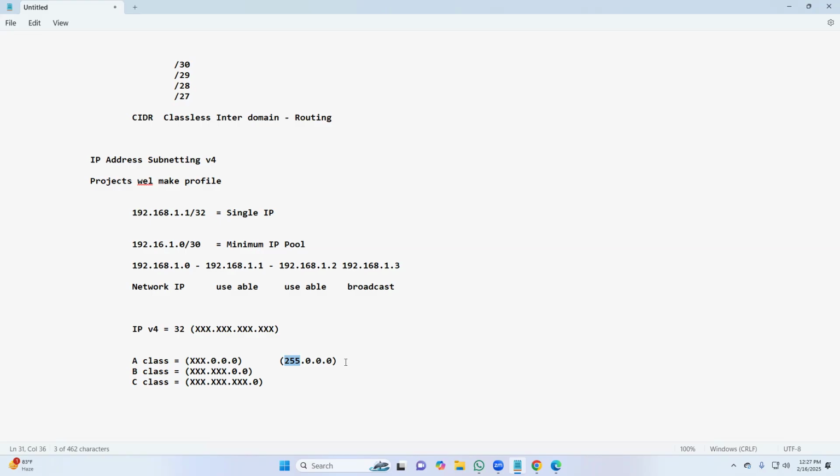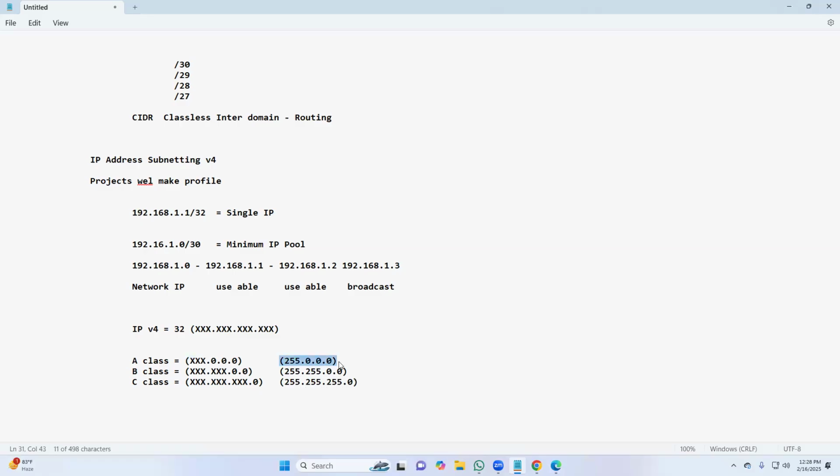There is a huge pool of IP addresses, but in the A class it starts from 255.0.0.0, and 255.255.0.0 for B class.